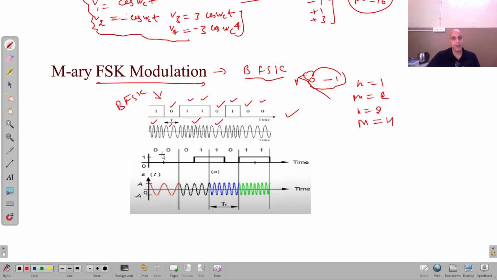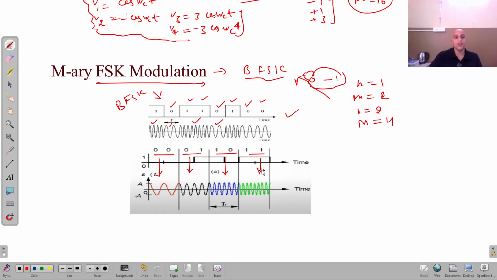But here we are taking 2 bits per symbol: 0 0 has a different frequency, 0 1 a different frequency, 1 0 a different frequency, and 1 1 a different frequency. So we are using 4 different frequency values in the M-ary FSK modulation technique, but in simple binary frequency shift keying we were using only 2 different frequency levels.